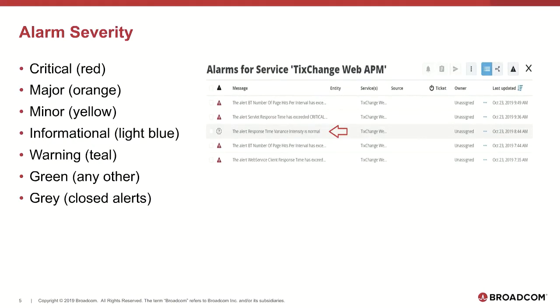One slide about alarm severity. So this is pretty standard stuff as well. Critical is red, major orange, minor yellow, informational light blue, warning teal, and green any other. And you might also see some gray alerts.